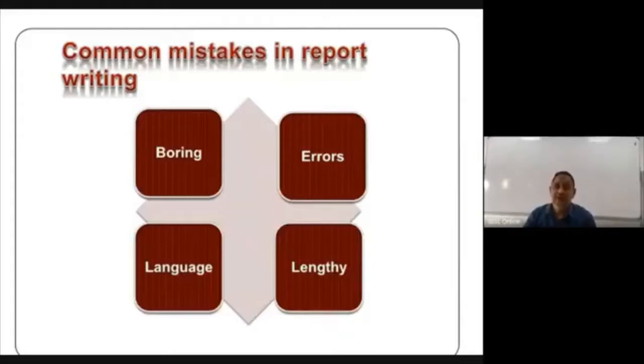But in official matters, language is very important. What language do you use? When reading some of the reports, I found some candidates using this SMS language, short form message format.